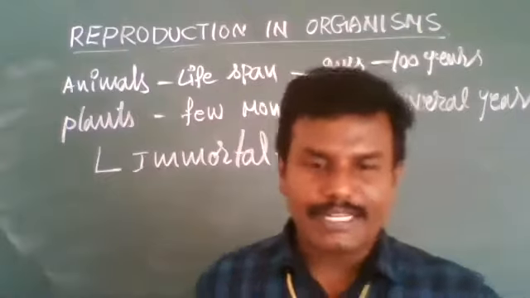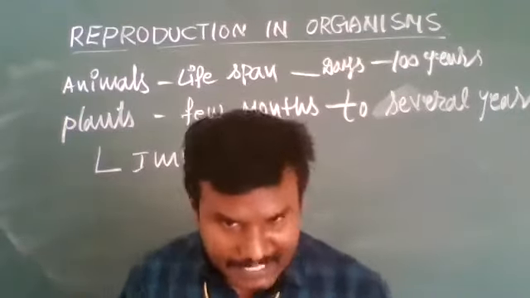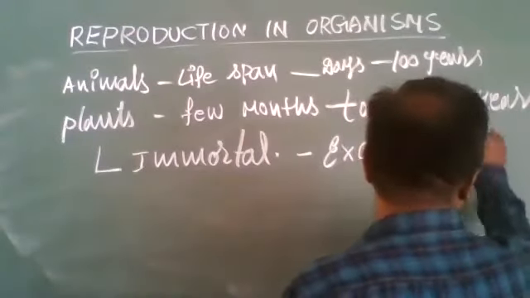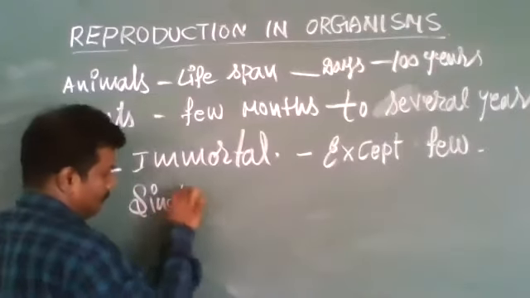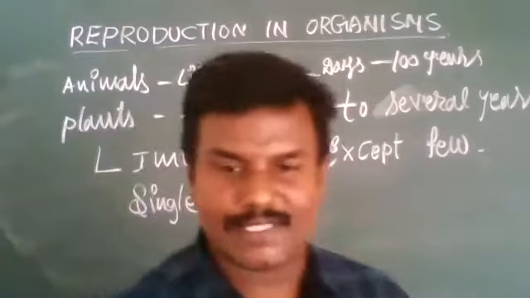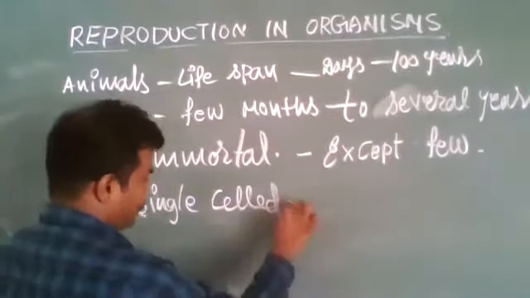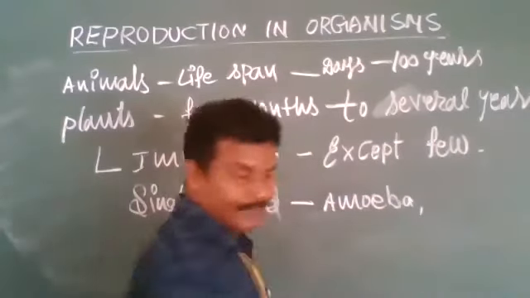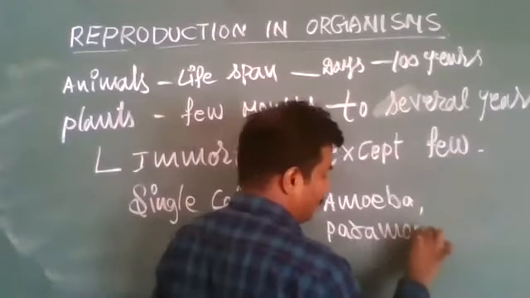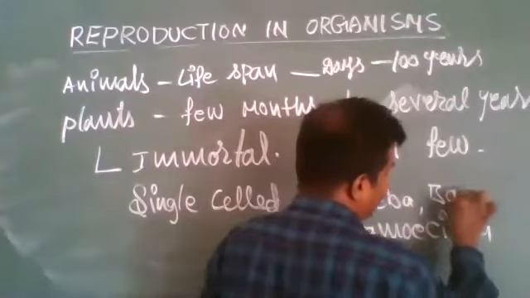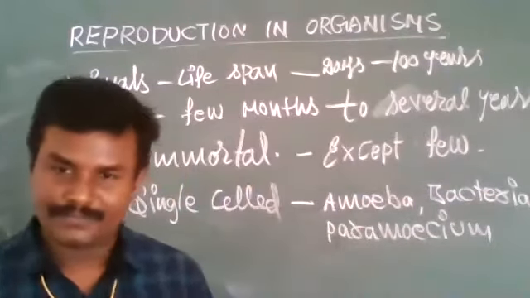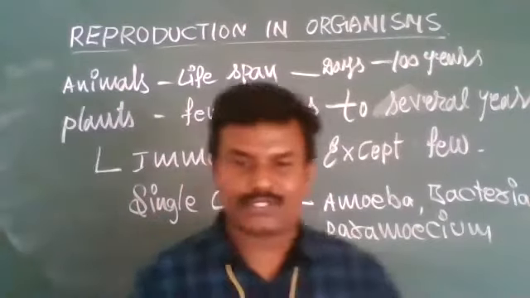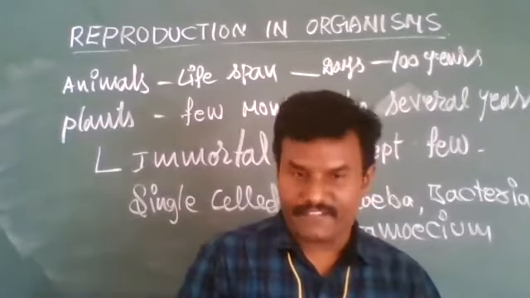Every living being must face death, except a few single-celled organisms, such as amoeba, paramecium, bacteria, etc. These organisms don't show death. Except for these, in all remaining organisms, death is the last event of their age.